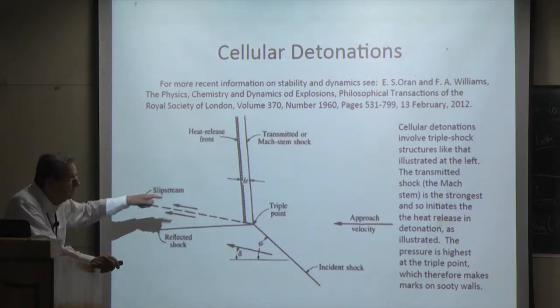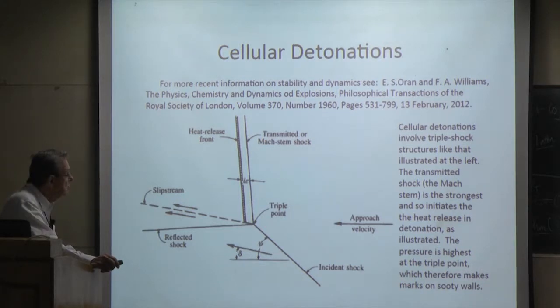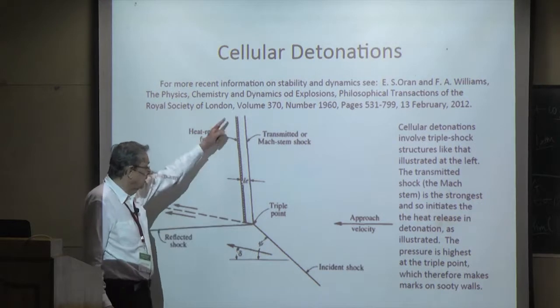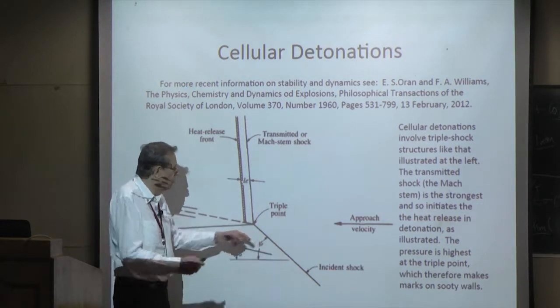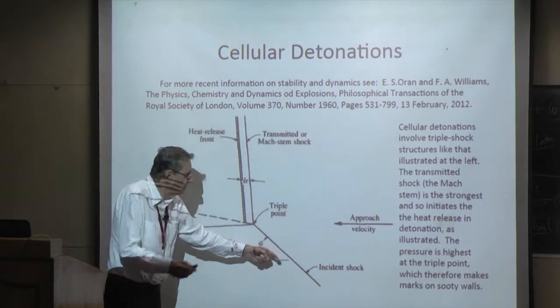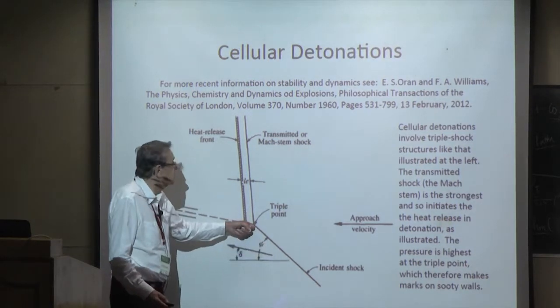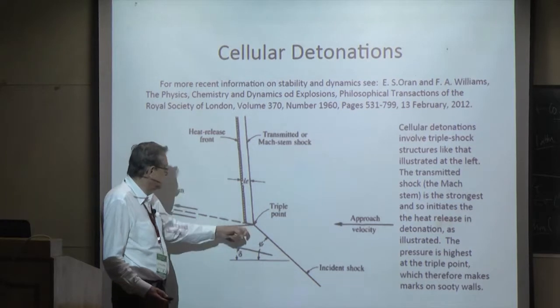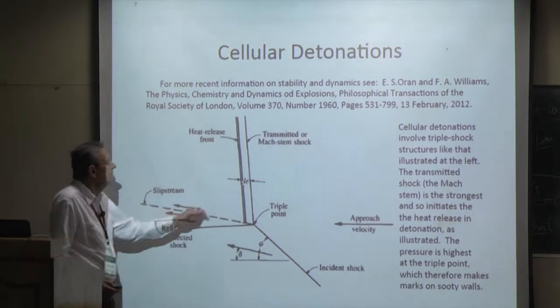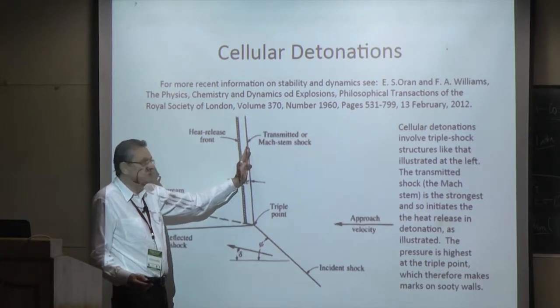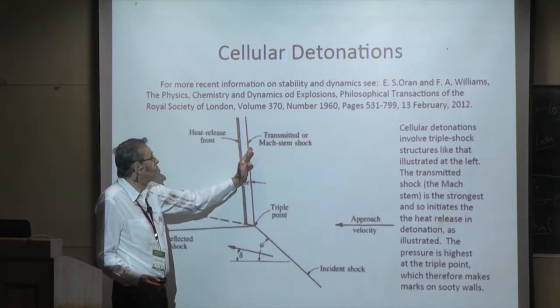This non-planar instability is stronger, and the typical structure of the non-planar instability is the triple point structure. It develops nonlinearly into what's an incident shock, a transmitted or Mach stem shock, and a reflected shock with a slipstream behind. And the highest temperature change is across the Mach reflection.